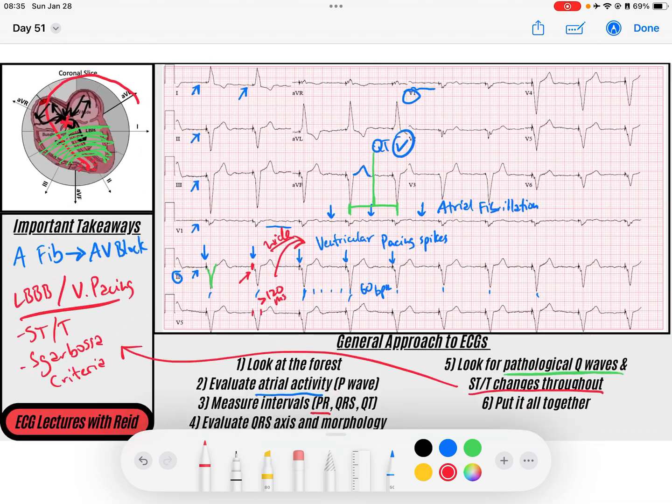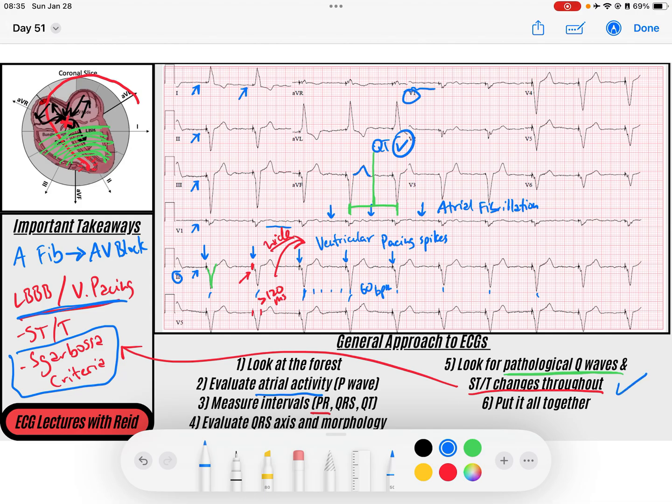The reason why we use this criteria is because the ST and T wave morphology will change when we are not taking normal conduction within the ventricles, and that occurs in left bundle branch block and ventricular paced beats. So go ahead and check that out. I don't have a video on it, but I will in the future. And that'll help you better understand what ischemic changes to expect with left bundle branch blocks and ventricular paced rhythms.